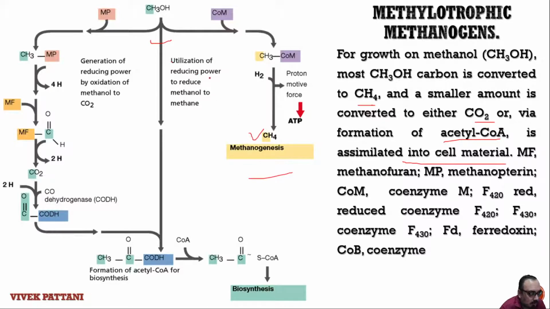And the reducing power is being utilized to convert methanol to methane. Now again moving towards this side, methanopterin will join the methanol after the release of OH, and with the help of methanopterin, reducing power is generated by oxidation of methanol to carbon dioxide.